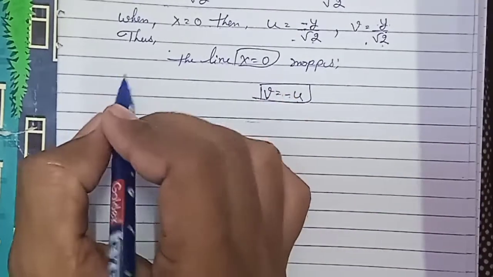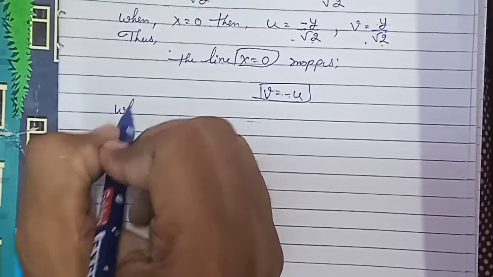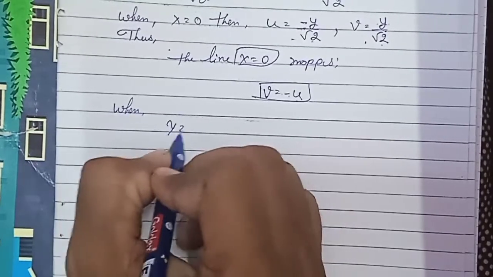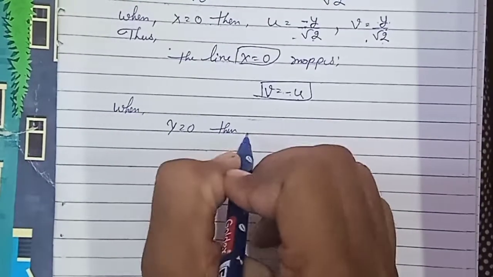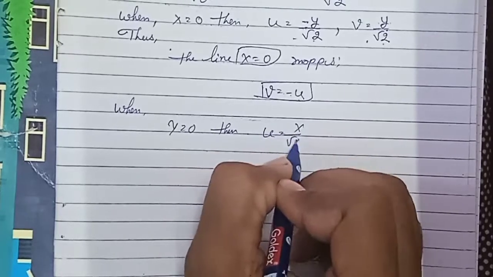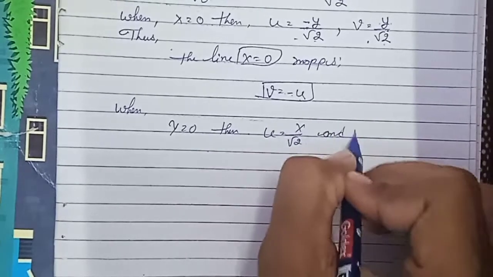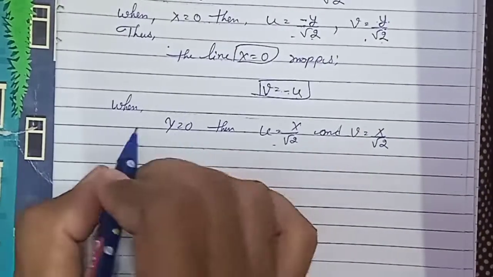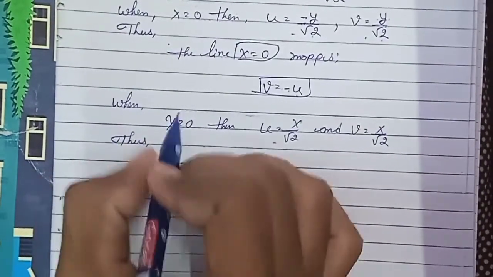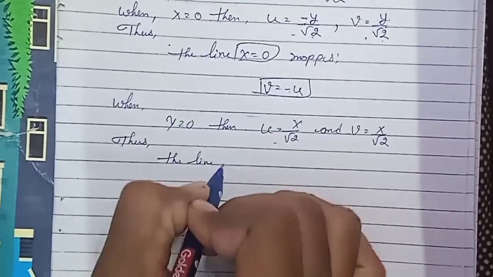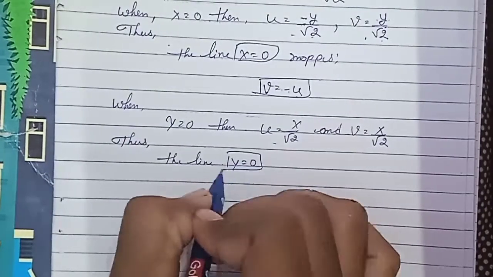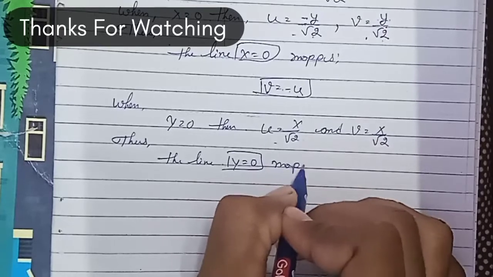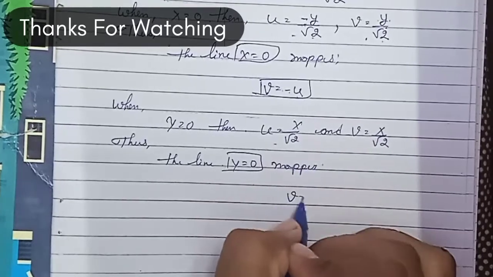Another one is when y equal to 0, then u equal to x upon under root 2 and v equal to x upon under root 2. Here u and v are both the same, thus the line y equal to 0 maps to v equal to u.